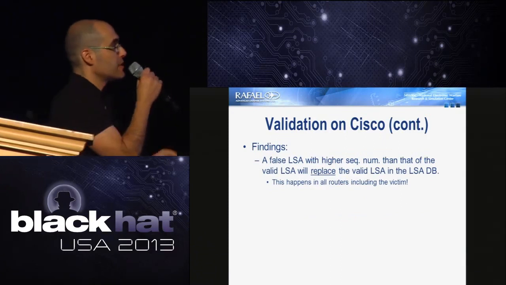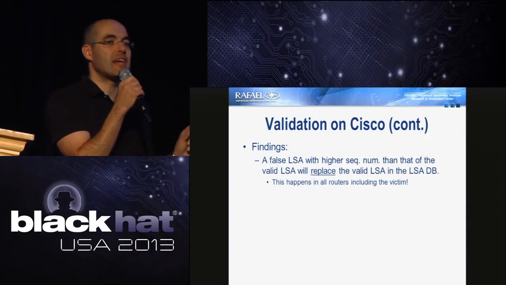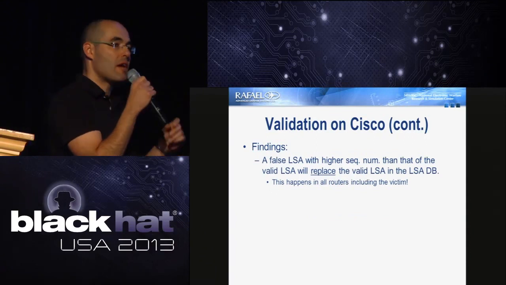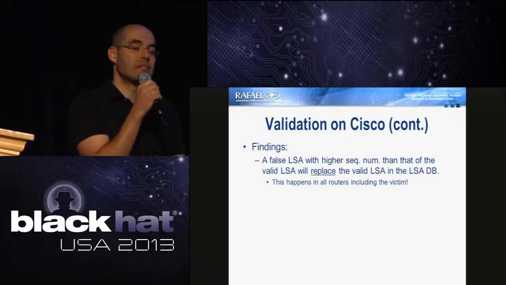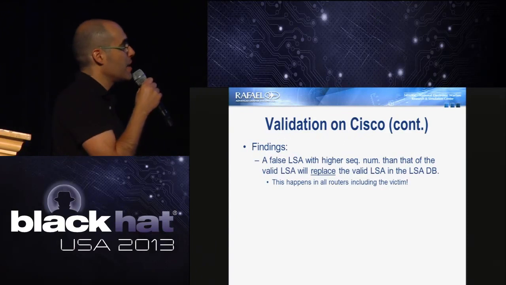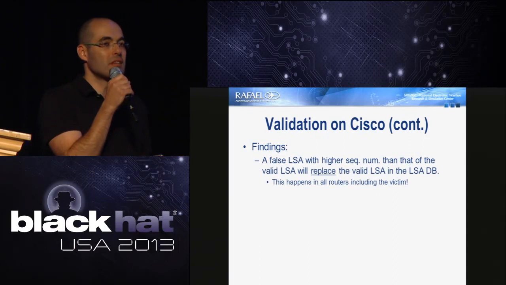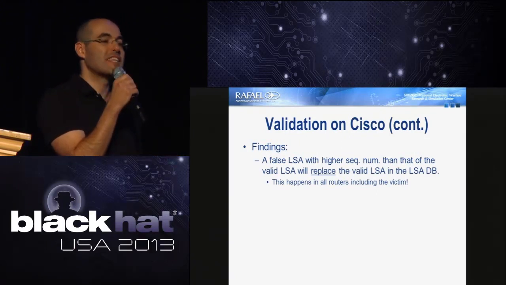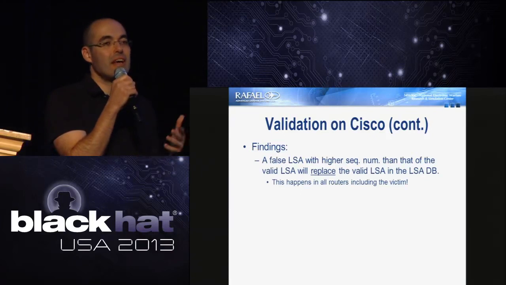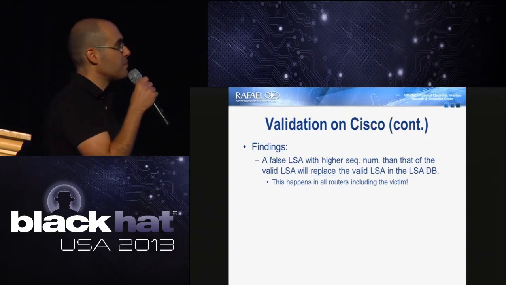Okay, so this is our first finding. Once we advertised a false LSA on behalf of the victim router, using a higher sequence number than the sequence number of the valid LSA, not only was the false LSA installed in the LSA database of all the routers, but it actually replaced the valid LSA of the victim router.